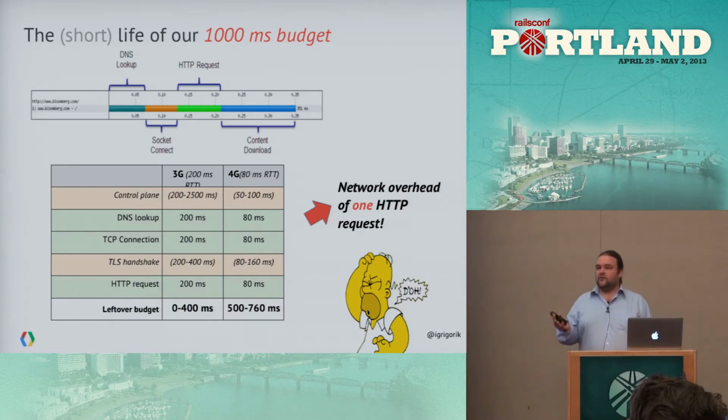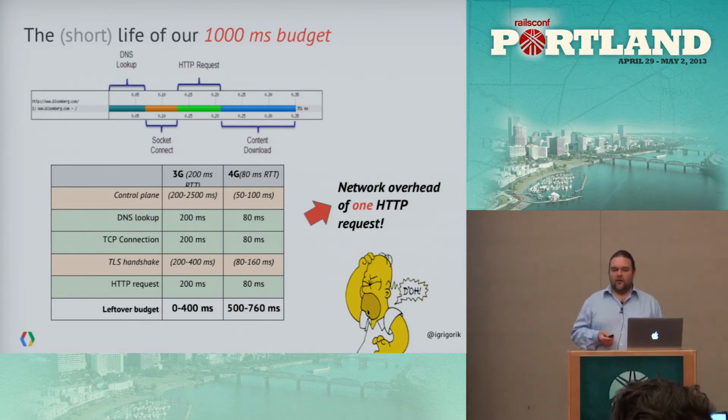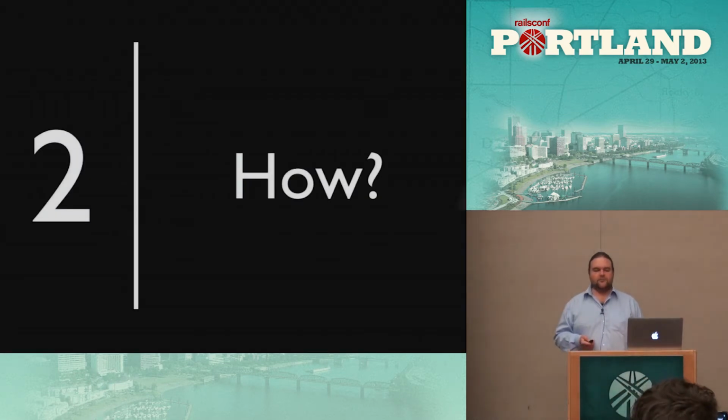The browser needs to render the page. So when the browser has the data, it has to render the page. So we end up at about 300 milliseconds, which we have to get our content rendered as an HTML page. So how do we do that?